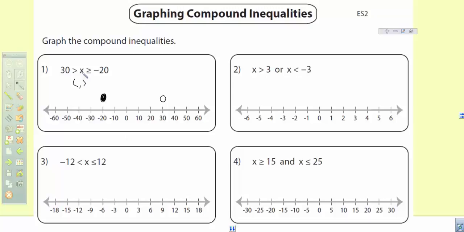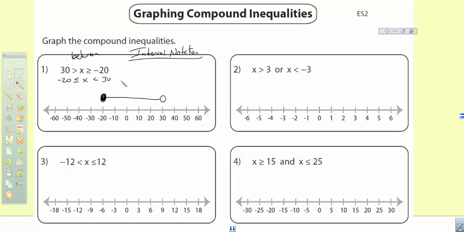Now we know in this case, because the x is in between, that this is a between. We know we're going to be looking at something like that when we graph it. Now when we put this into interval notation, the thing I want to make sure we understand is that technically this is written with poor grammar. Technically you should always put your smaller number first with your bigger number second.